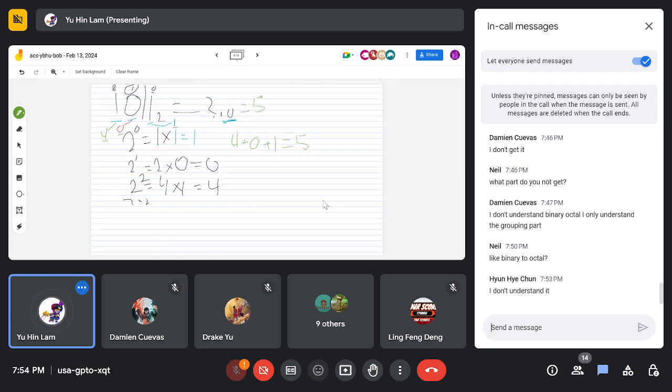So this is equal to 5 base 10. For this one we add them together, like normal addition. But when we're converting, we just combine them together. So I'll say we add them like our addition, and when we say we combine them, we're just putting them side by side.